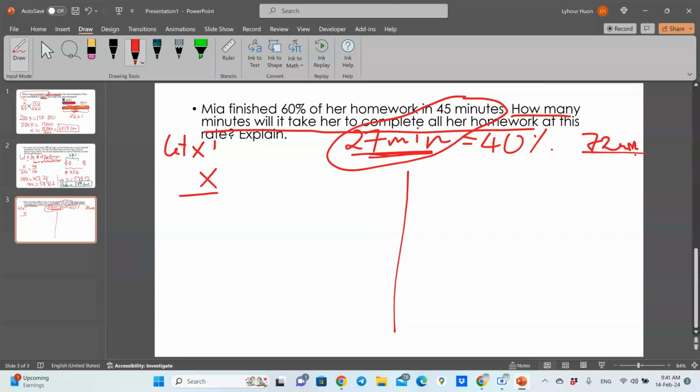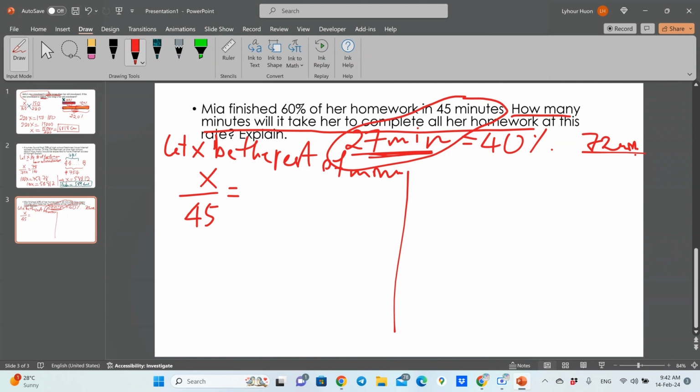Okay, so let's do what you did first. X is the rest of the minutes you need to complete the homework, right? So x over 45 equal to 60 over 100.